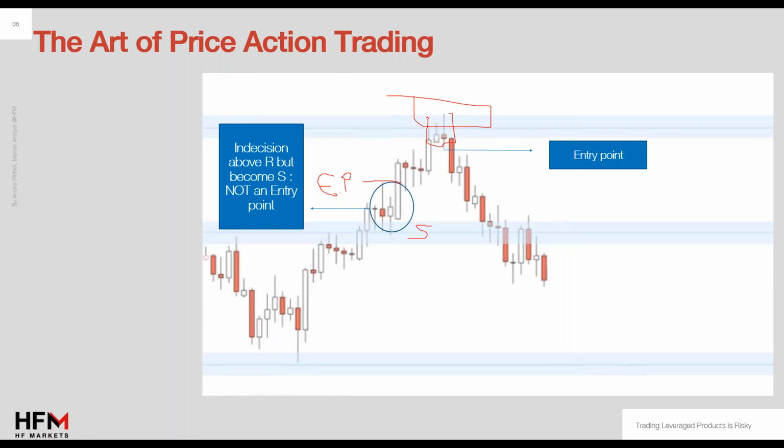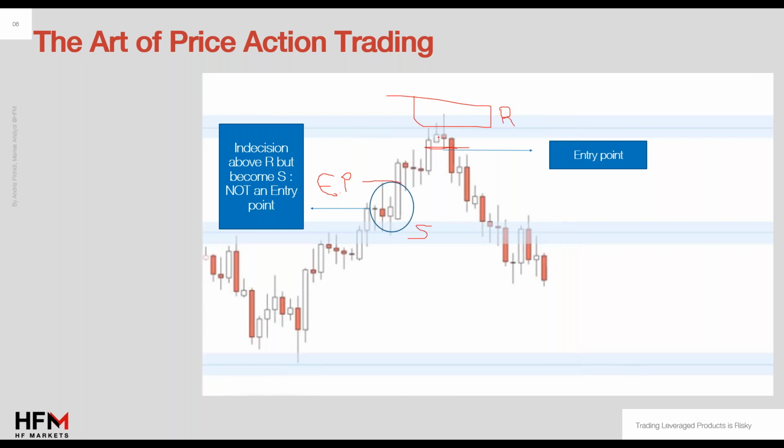We have this indecision movement over here until it turned down and extended losses. So that now turns into our resistance area. And the entry point in this case is a selling position. It could be the breakout of this latest low.